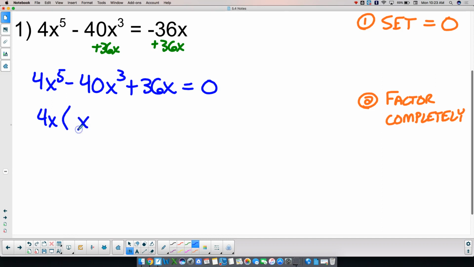X to the 4th. Now negative 10x squared. And plus 9?